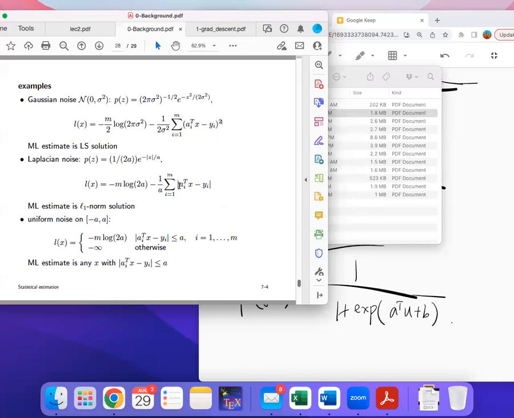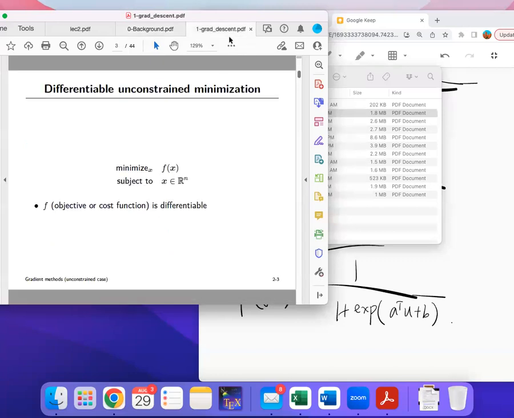But this one is not, because it has absolute values. Look at a one-dimensional example: the absolute value is not differentiable at the origin. So we will need some other techniques to deal with non-differentiable functions. But in this lecture, we focus on differentiable functions.